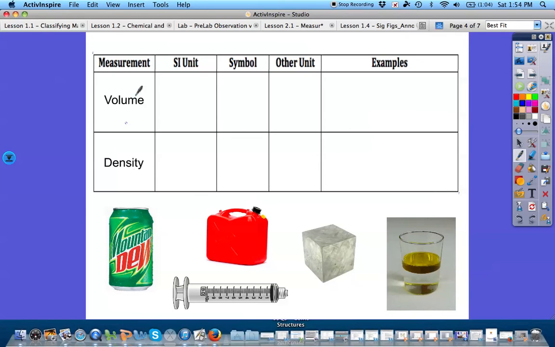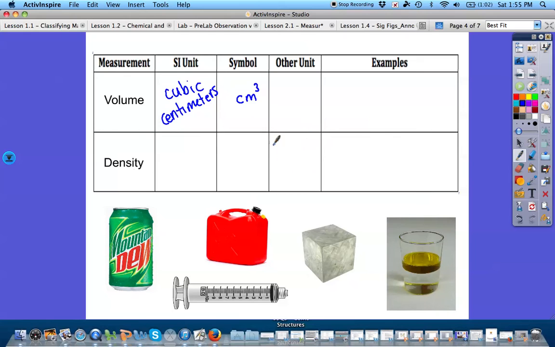Volume and density, these are derived units, which means that they are based off of multiple other units. So for volume, the SI unit is cubic centimeters. The symbol for this is cm3 in the exponent, cm cubed.